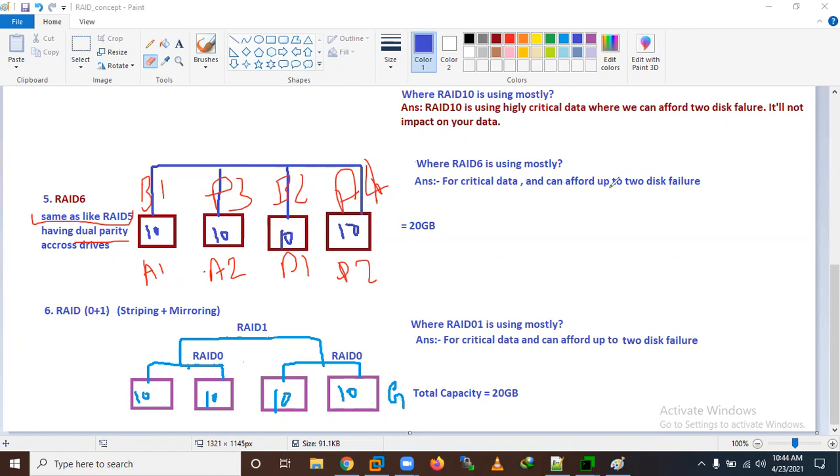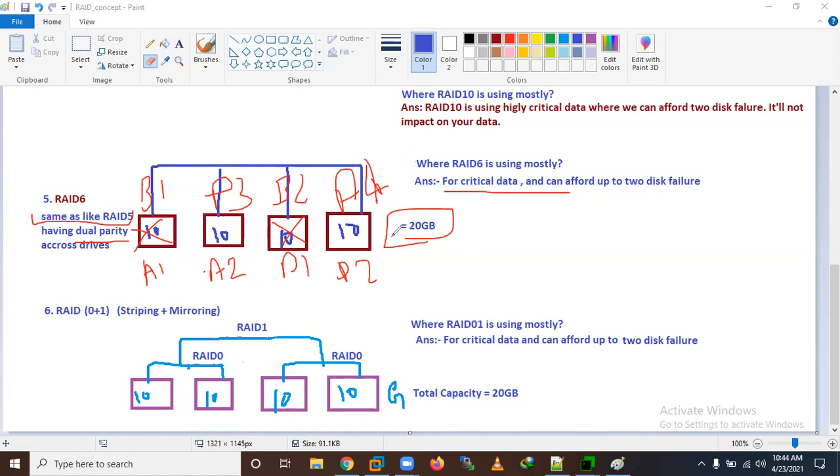So we are using RAID 6 same as above. It is for critical data and can afford 2 disk failures. Suppose this disk fails or this disk fails, there is no impact, but here, same as above, we will get only 20 GB space. So it is also more costly, same as RAID 1 plus 0.